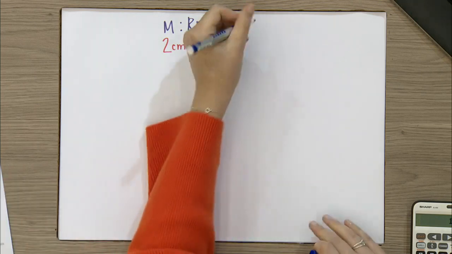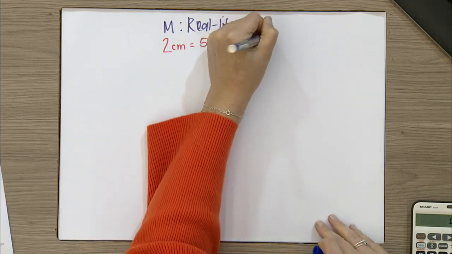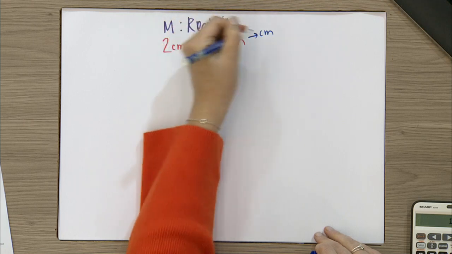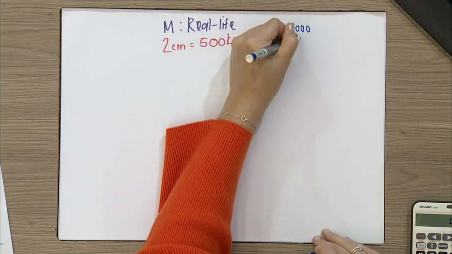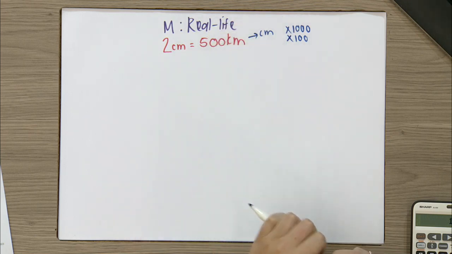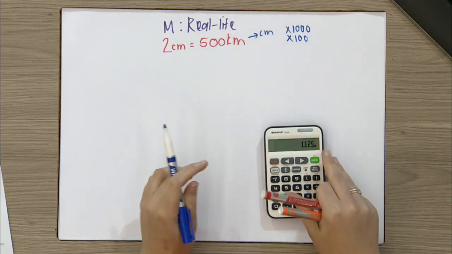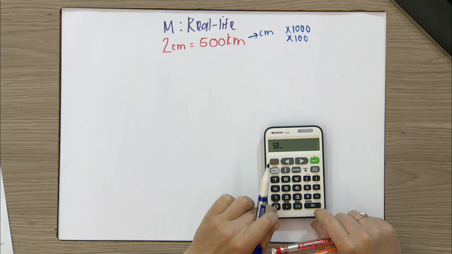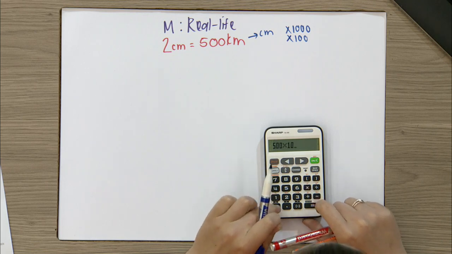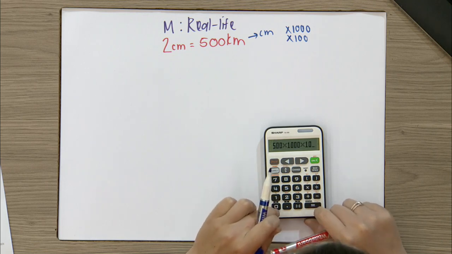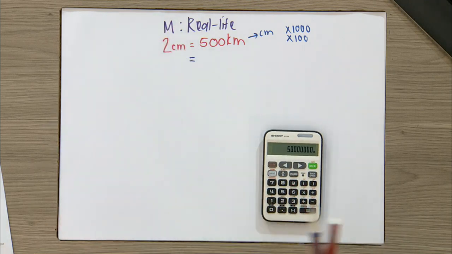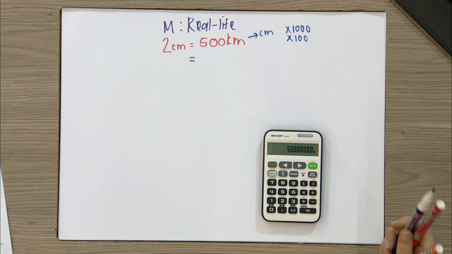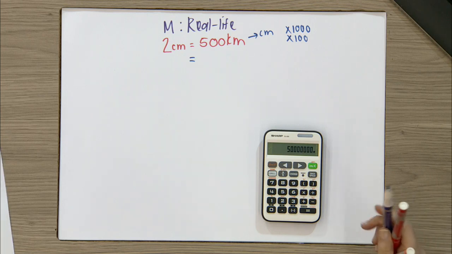So to go from kilometers to centimeters, I know I must times by 1,000 to go into meters, and then times by 100 to go into centimeters. So I will say 500 times 1,000 times 100. And now I will see that I will have both of my values in centimeters.